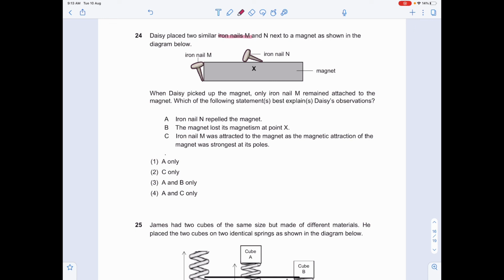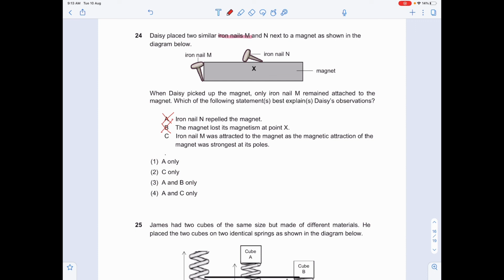So right off the top, A is wrong because only magnets with like poles facing each other can repel each other. Because the nails are not magnets, they cannot repel. A is out. The magnet lost its magnetism at point X. That is not possible. Also, if a magnet has lost its magnetism, the whole magnet has no magnetism.